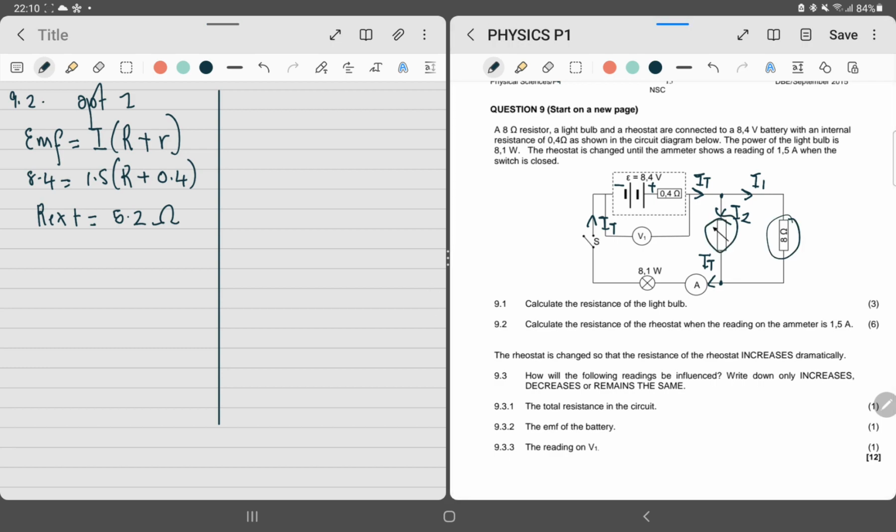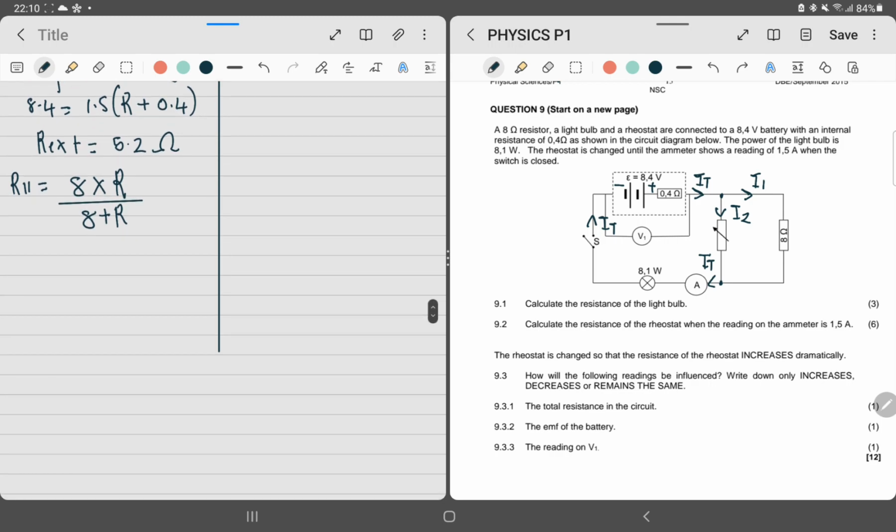These two are connected in parallel. So we need to find the effective resistance of the parallel combination. R parallel is equal to the first resistor, which is 8, multiplied by the second one, which is the rheostat, and then we divide by 8 plus R. So for the top, we find the product, and in the denominator, we find the sum. Now our circuit will look like this.